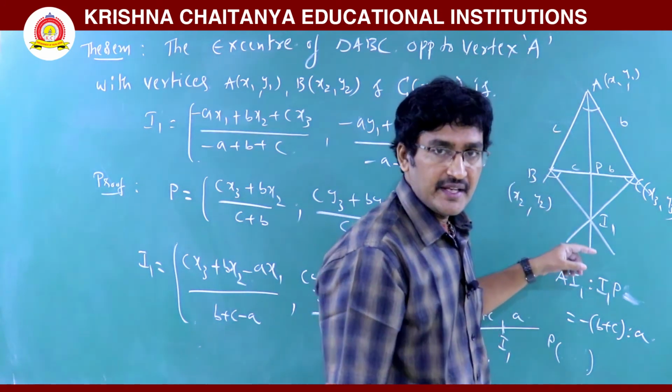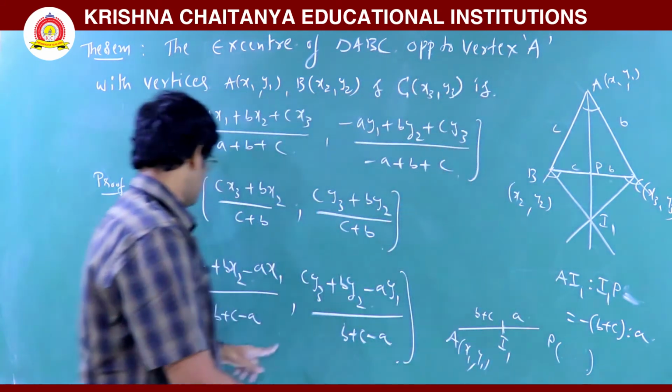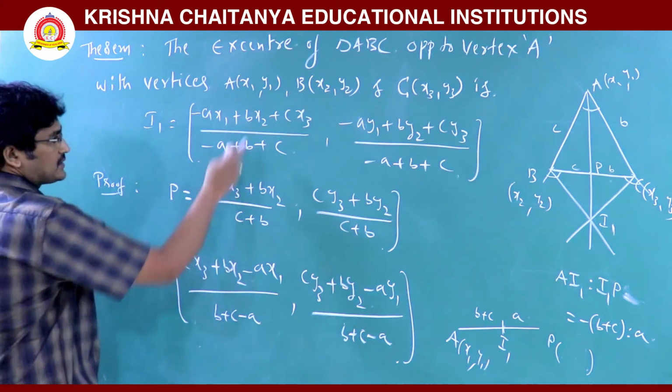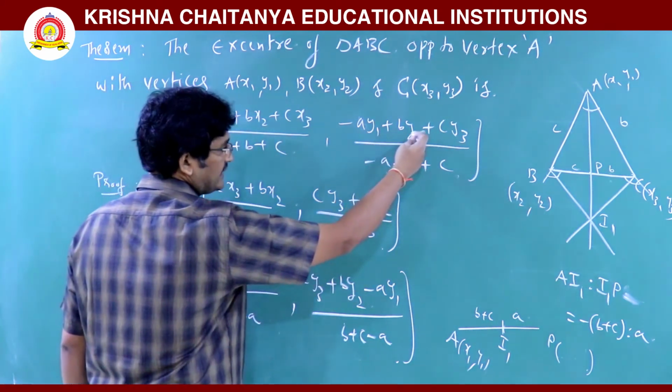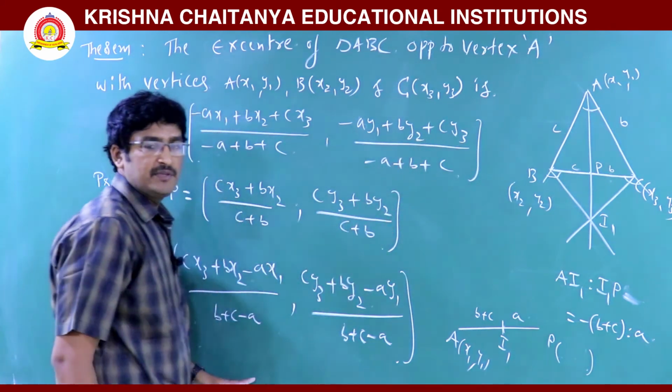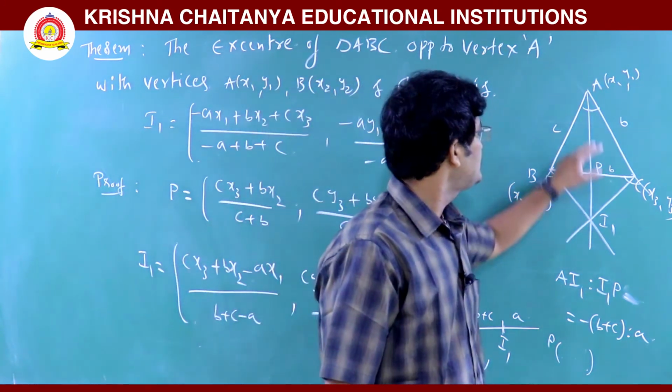So what is the excenter opposite to vertex A? This one: minus ax1 plus bx2 plus cx3 by minus a plus b plus c, minus ay1 plus by2 plus cy3 by minus a plus b plus c. These are the coordinates of the excenter opposite to vertex A.